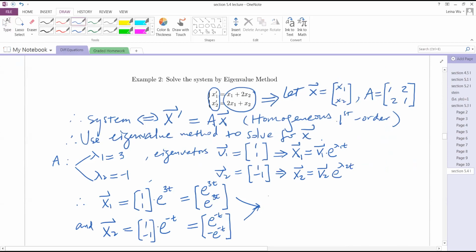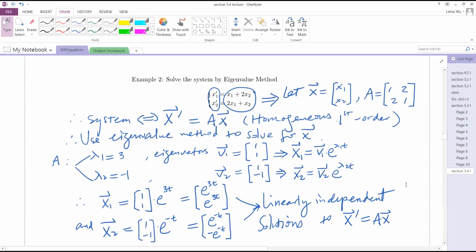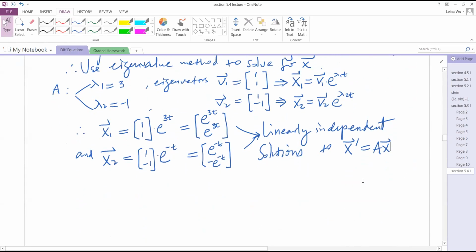They're both solutions to the system, and more importantly, they are linearly independent solutions to my system x prime equals A x.